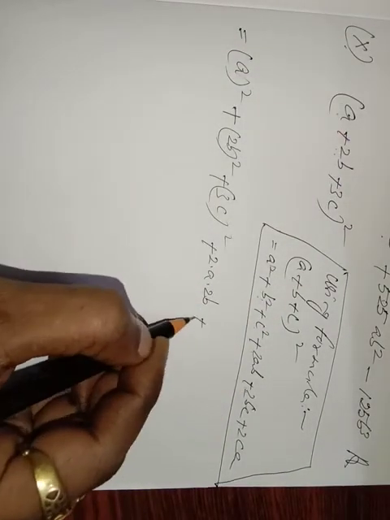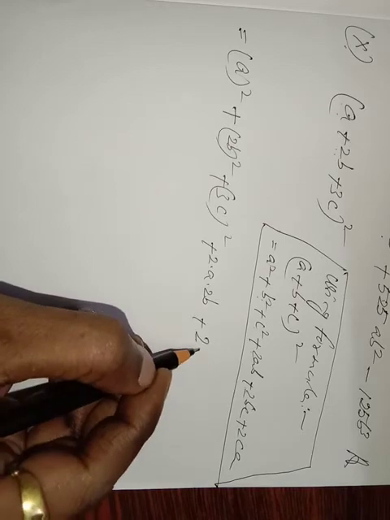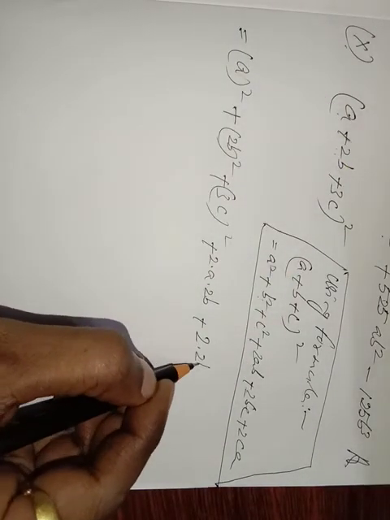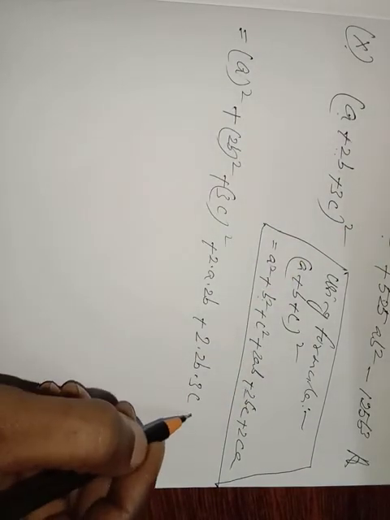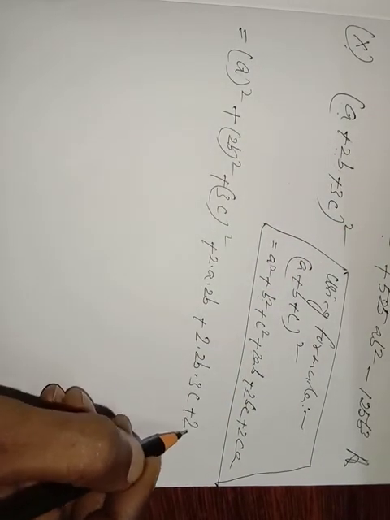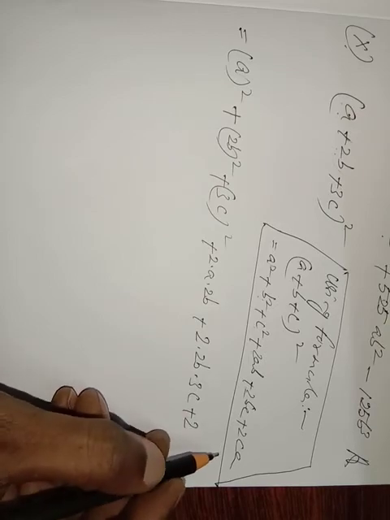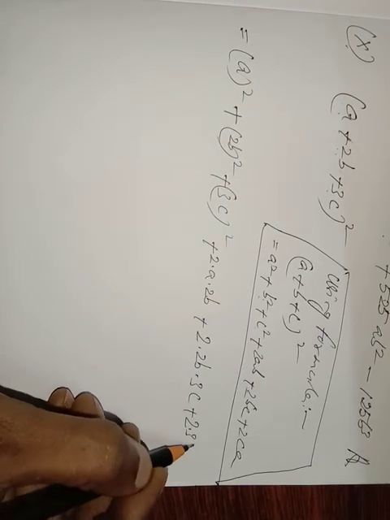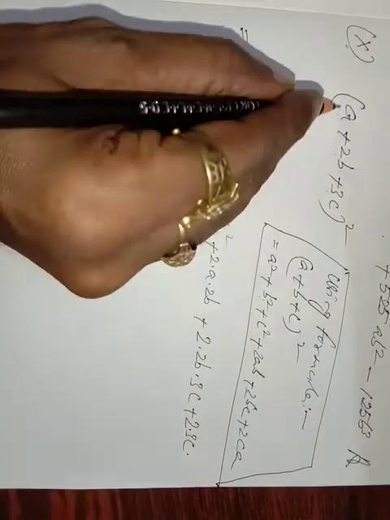Next plus sign 2bc, b means here 2b, second part, and c means here 3c. Then plus 2ca, c means the third number, that is 3c, 2 into 3c into a, a is given like that.